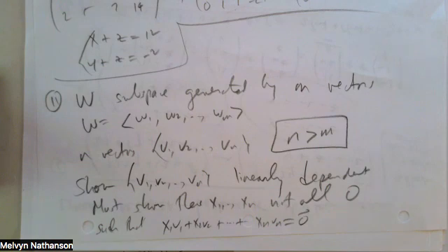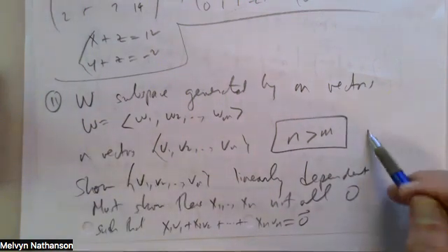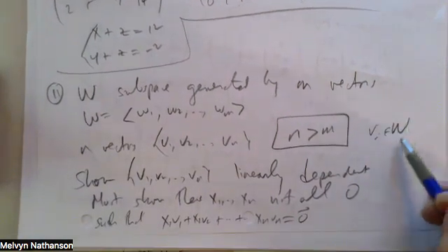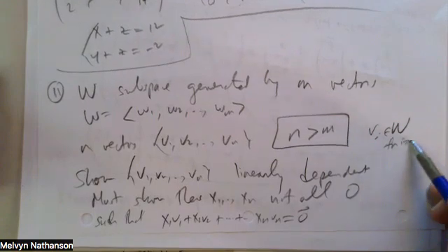That's the definition of linear dependence. So how can we do this? The only thing we know is that all the v vectors belong to the subspace W. v sub i is in W for all i.